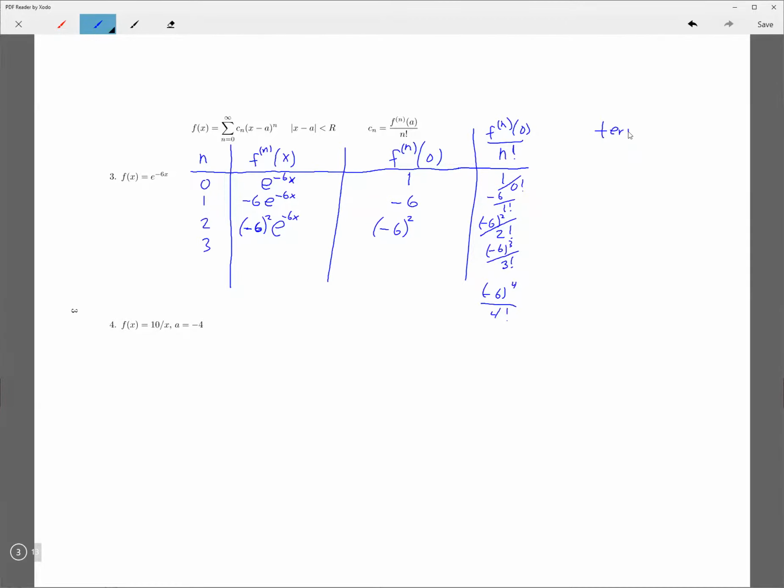And then the terms are going to be 1 over 0 factorial x to the 0, and then -6 over 1 factorial x. And then this is multiplied by x squared, and this one is multiplied by x cubed, and this one is multiplied by x to the 4th. And in general, we're going to have -6 to the n over n factorial x to the n, right?